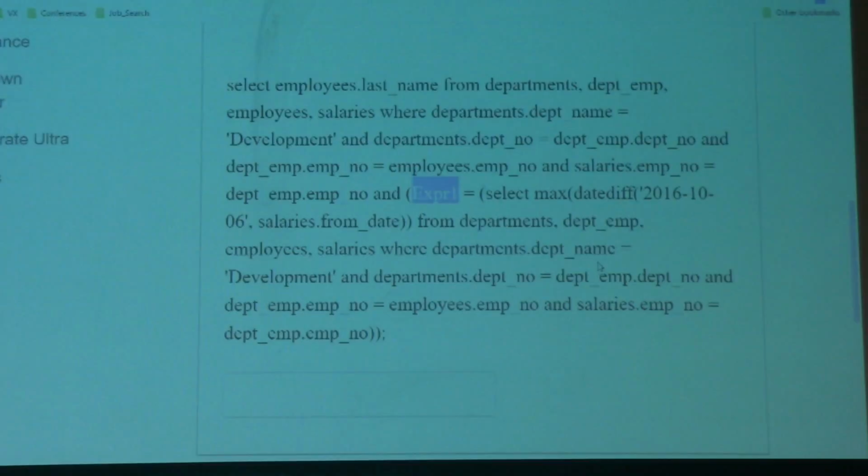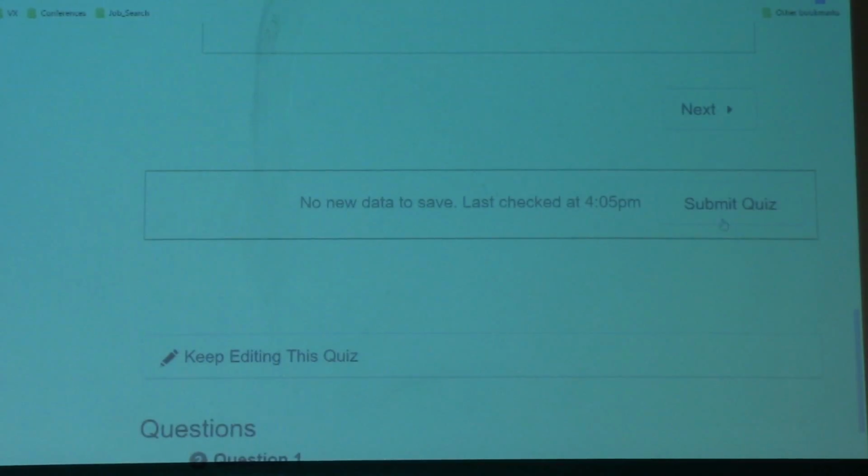No, it should be the max date diff between the start date and end date of the salary. Exactly. It should be the date difference between start date and last date of the person. Okay, so the next question.